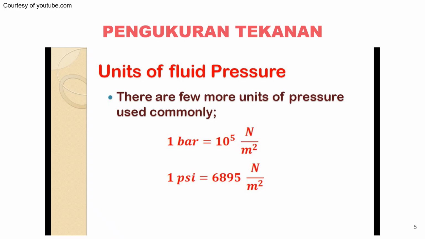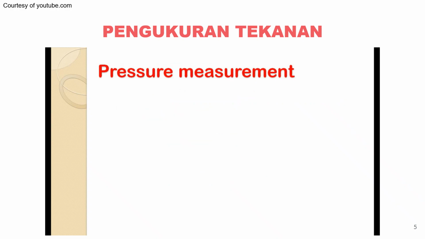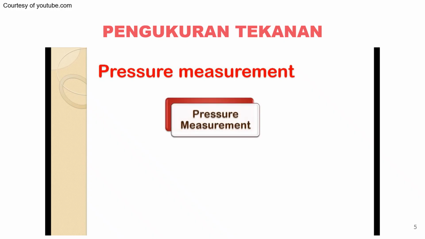So friends, before moving to the actual pressure measurement devices, let us first understand a few topics. The first one is that pressure measurement is basically divided into two types, that is static and dynamic.